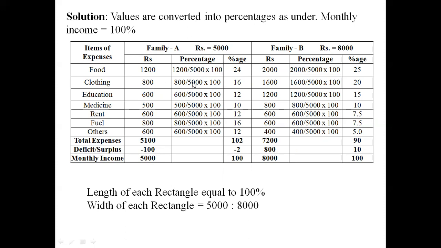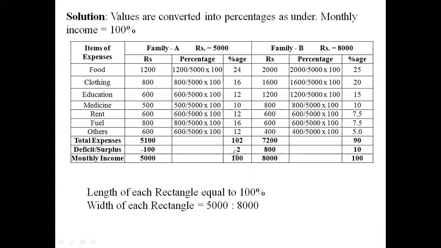Similarly, 8,000 divided by 5,000 into 100. So first we have to convert to percentage. The total percentage comes to 102, not 100, because expenditures are more than the income. Therefore, negative value, 2% negative value is coming now.